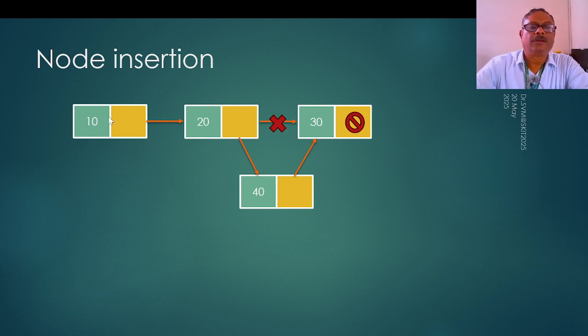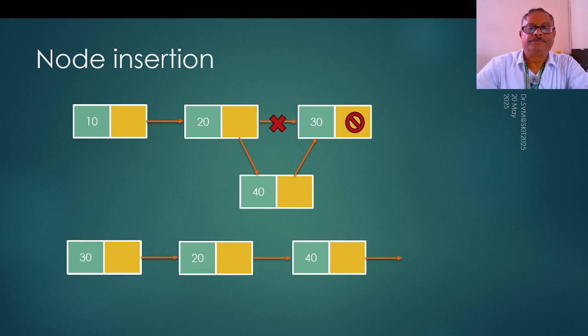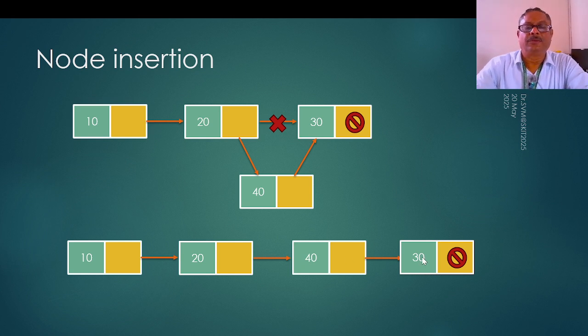Now if you look carefully, then links show that the first node is 10, the second node is 20, then the third node goes to 40, then the fourth node will be 30, and there won't be any fifth node, and so on. So it looks like this.